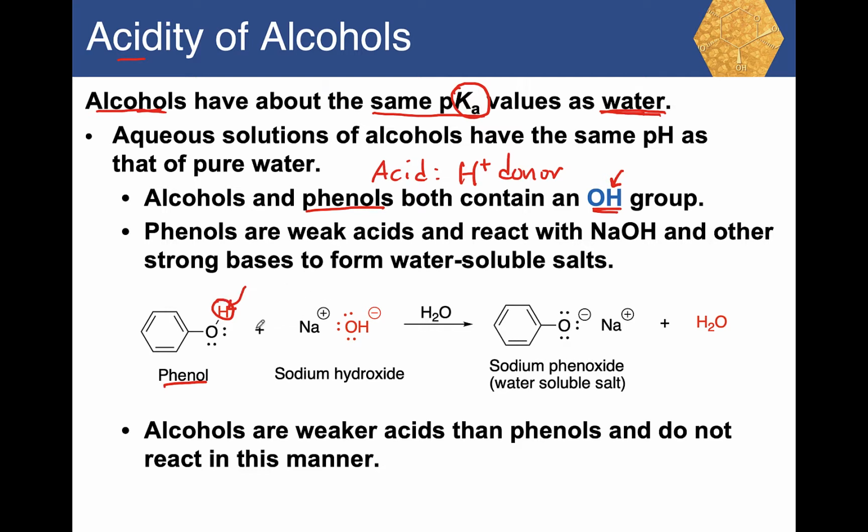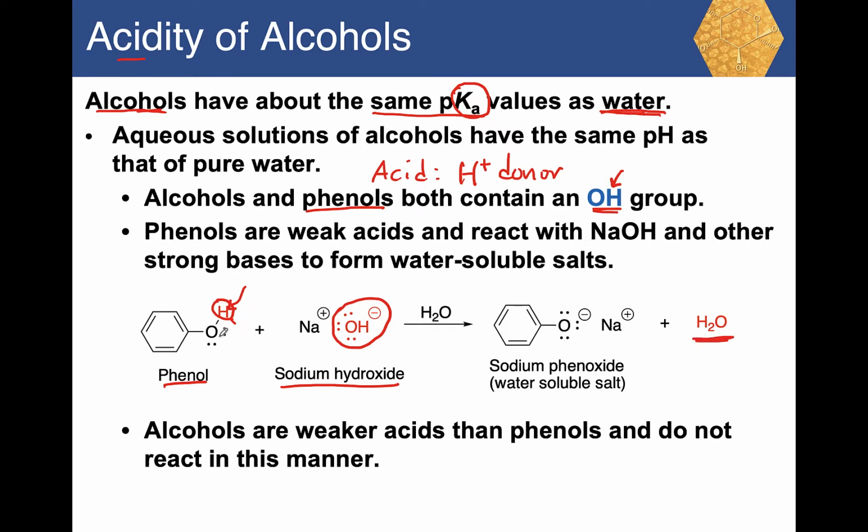So that means that if it's an acid, it will react with a base, such as sodium hydroxide. You will recall that sodium hydroxide is a strong base. So the hydroxide anion here will react with the H here, because an acid is a proton donor, to form water, as you can see here.